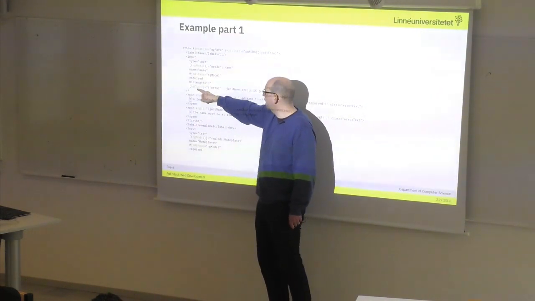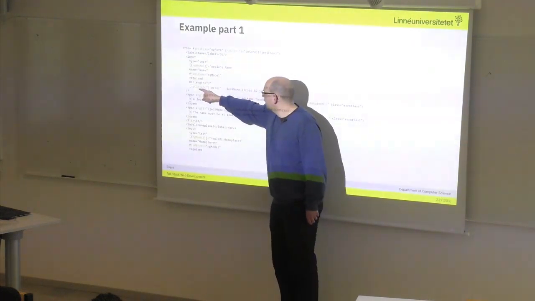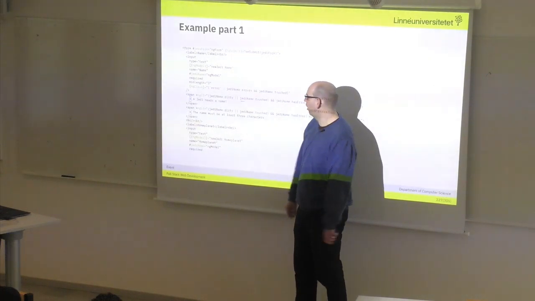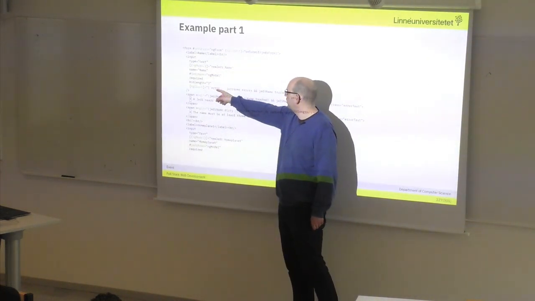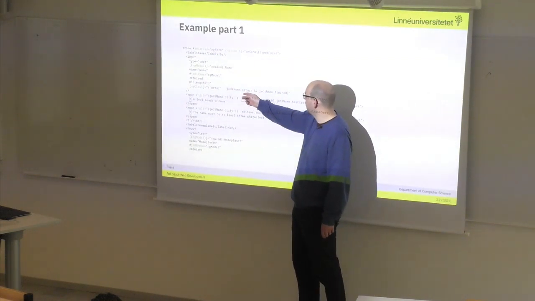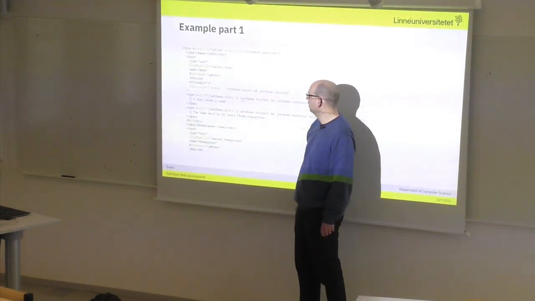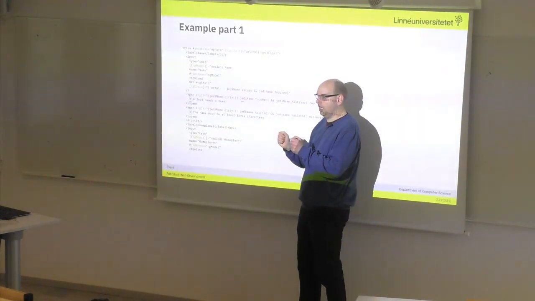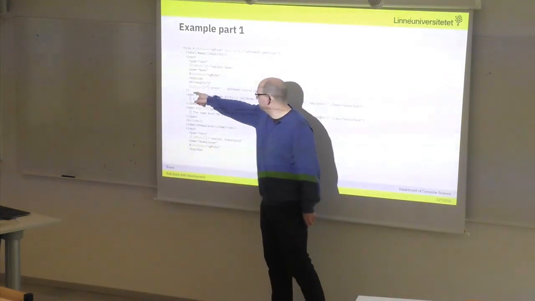And if there are any errors, the ngClass error should be shown, or used rather. That means that something will be red in this case. And that depends upon errors or touched. Okay? Then we need to have somewhere where we put the text, and we do that in this span tag.